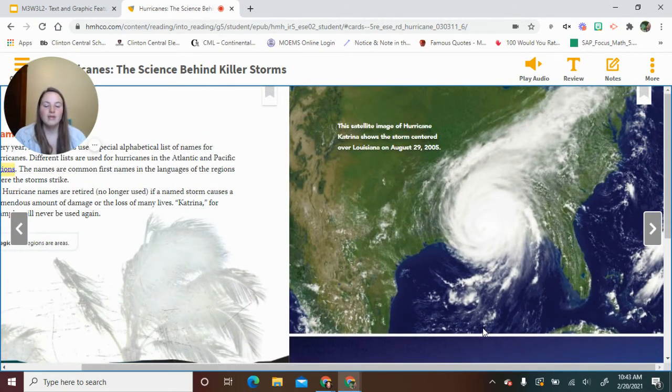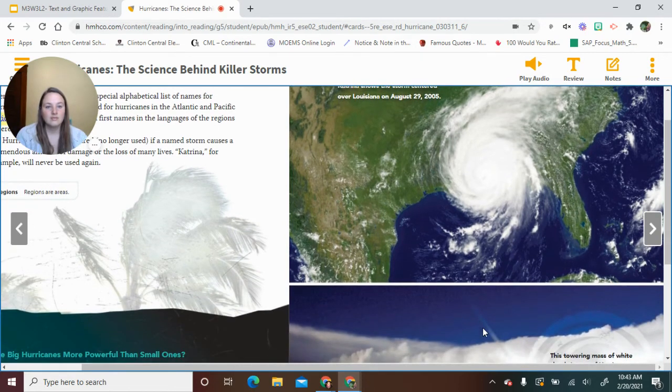This satellite image of Hurricane Katrina shows the storm centered over Louisiana on August 29, 2005. And if we look at the image, we see that the distance across Hurricane Katrina is almost the same length of the state of Florida.